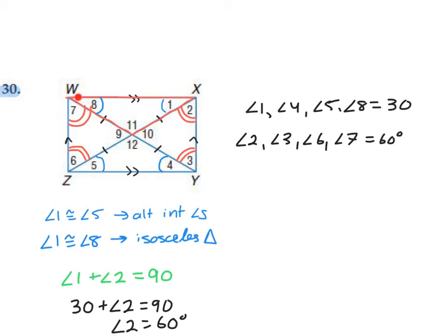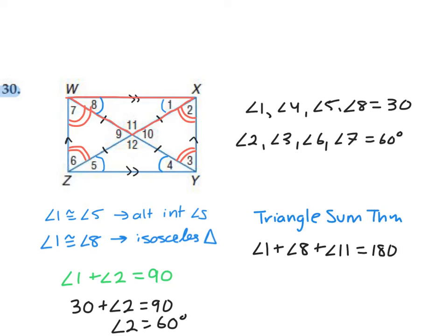So let's look back to this triangle that I highlighted up top. We can use the triangle sum theorem to find angle 11 because we know that the 3 angles in a triangle should add up to 180 degrees. So angle 1 plus angle 8 plus angle 11 equals 180.